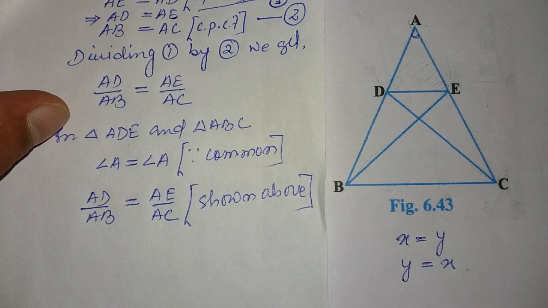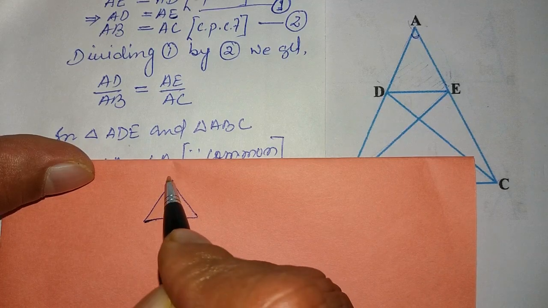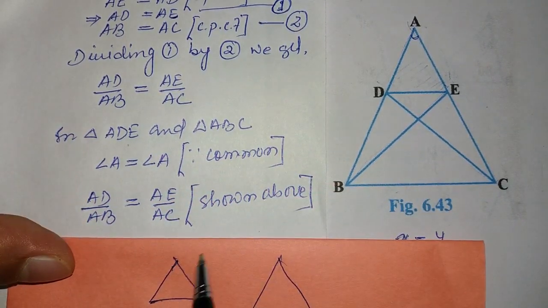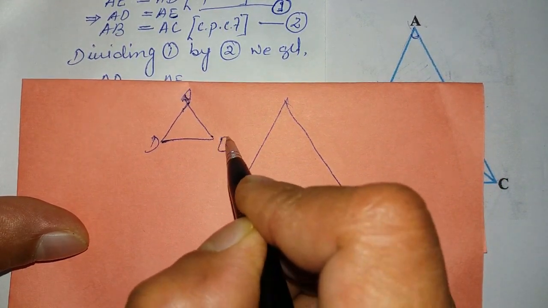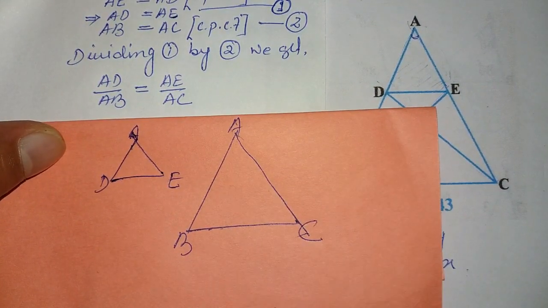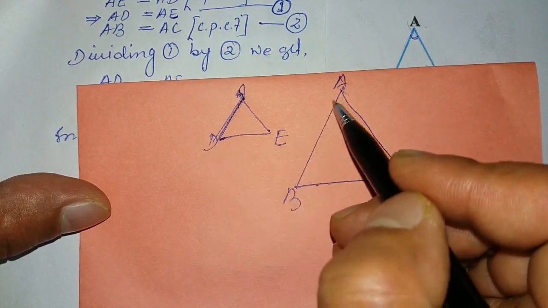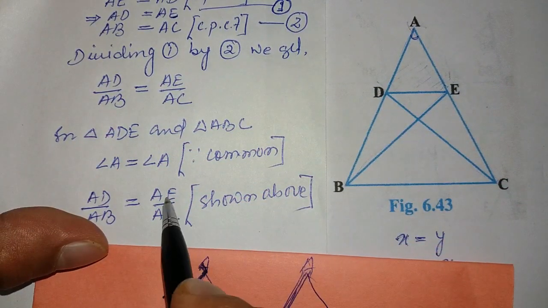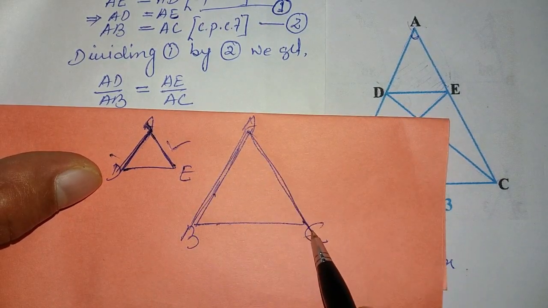Now I'll show you here. We have this small triangle ADE and this big triangle ABC. What we have here is AD by AB, so this side divided by this side, and AE by AC, this side AE and this side AC.